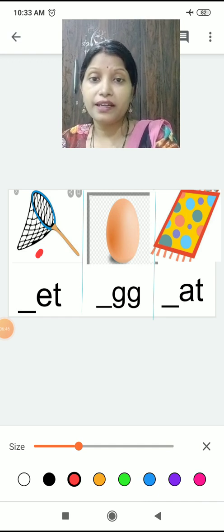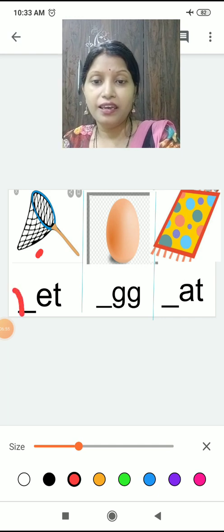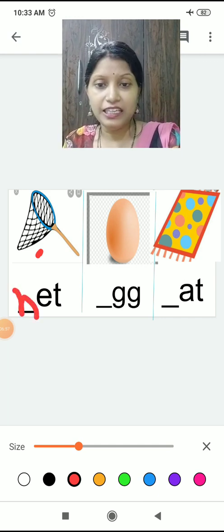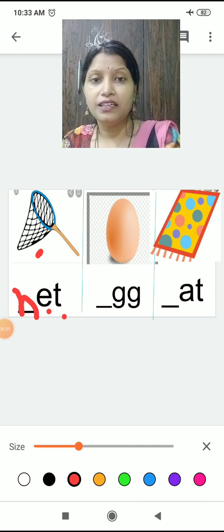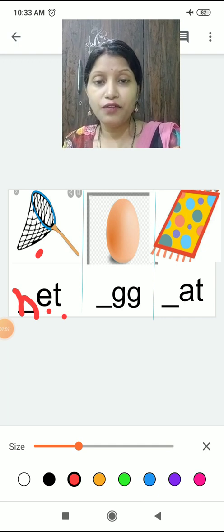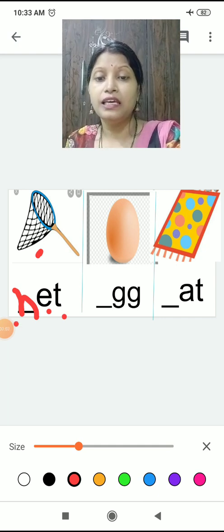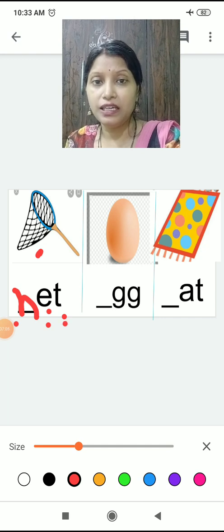So net, that is N. Which alphabet has the sound of N? It is N. N E T. Net. Read with me. N E T. Net. Now what is it?